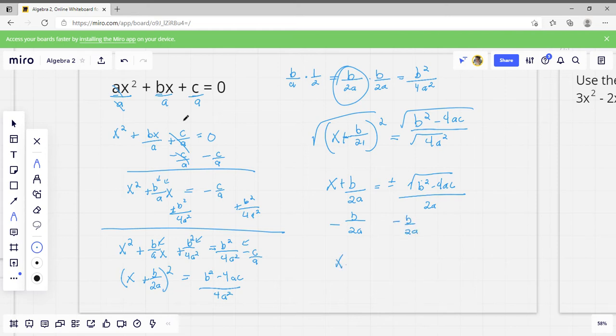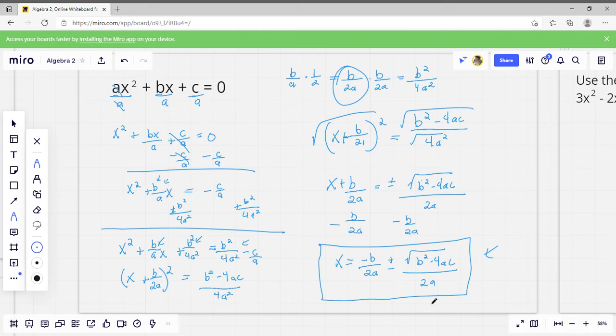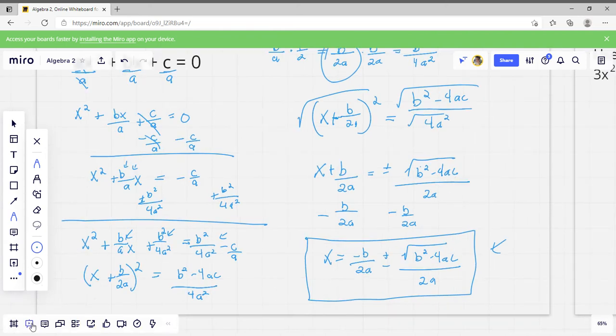So x equals negative b over 2a plus or minus the square root of b squared minus 4ac over 2a. And that is what's called the quadratic formula. If you can memorize that, that would be good. There's some YouTube videos that make it into a song, or you can just look back in the book. So when it asks you to solve equations using the quadratic formula, that's what you're going to be using.